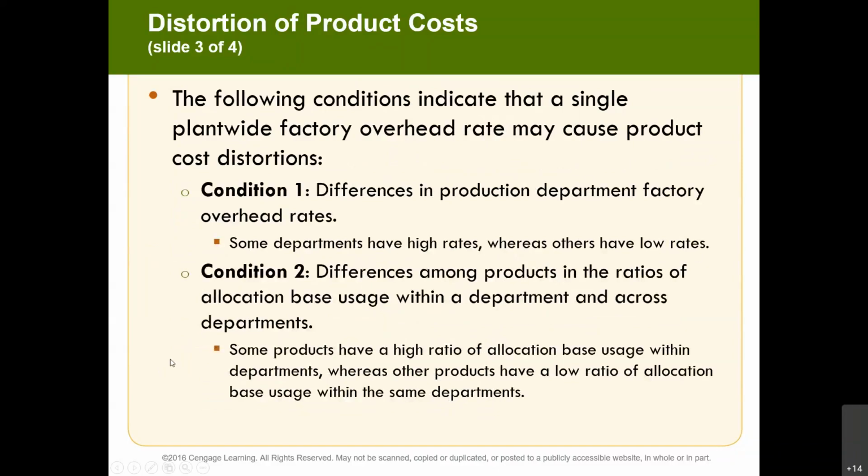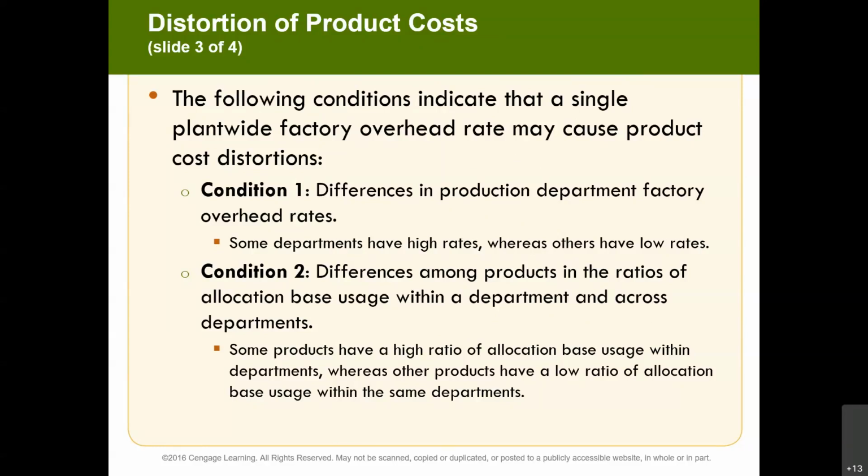So there are two conditions under which a single plant-wide factory overhead rate may cause a product to be distorted. The first one is differences in production department factory overhead rates. Some departments might have higher rates than others. And condition 2 is differences among products in the ratios of allocation across the departments.